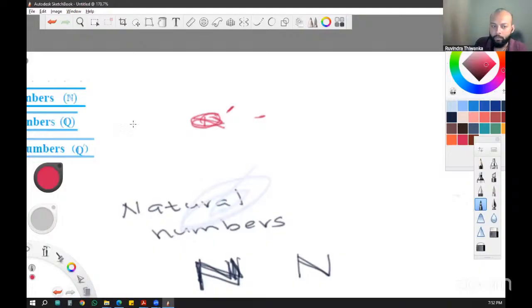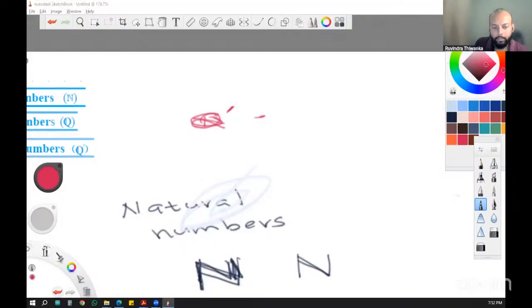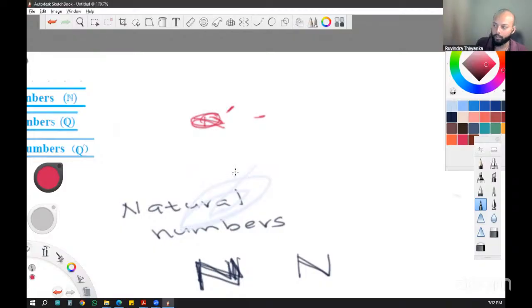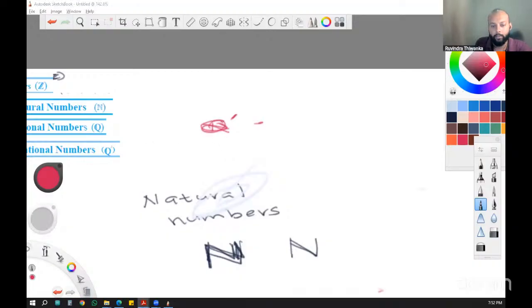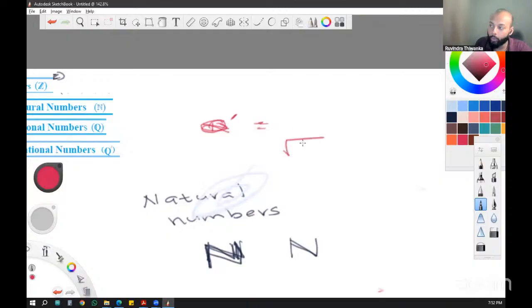The set of irrational numbers is a collection of numbers that cannot be written as a fraction of two integers. So Q complement numbers cannot be expressed as fractions, basically.